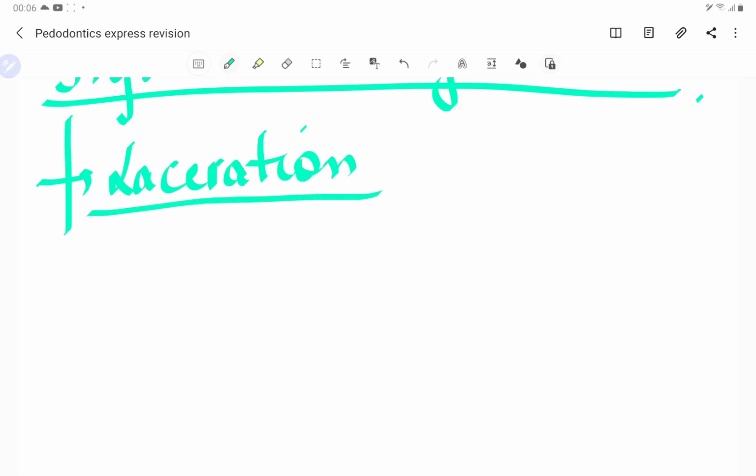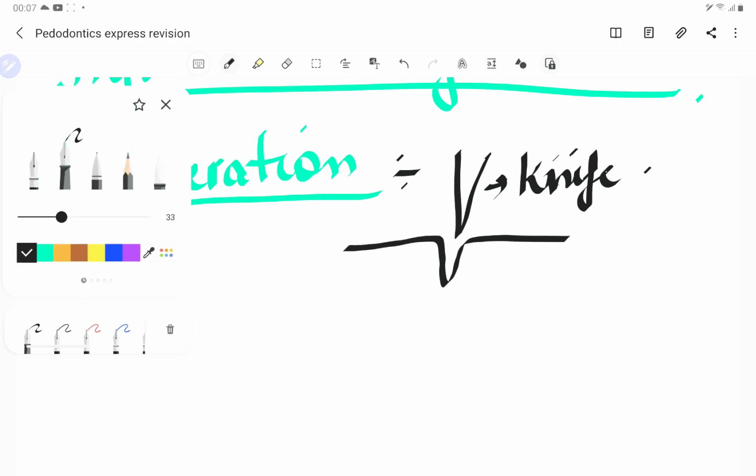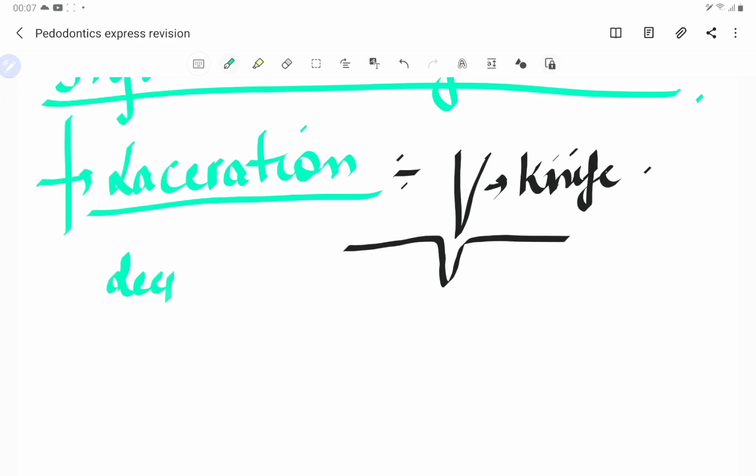Laceration is basically, suppose you take a knife and then you stab with a knife. So I'm just going to make a knife here. So if you stab someone with the knife, what kind of wound will be? It is going to be most probably deep. It depends on the injury, like it can be shallow or deep.